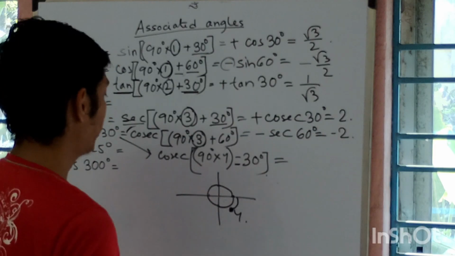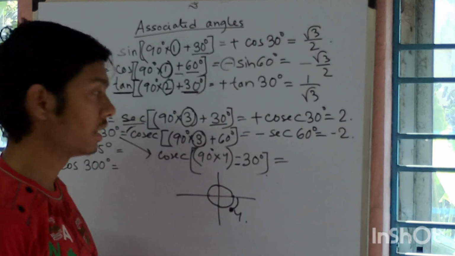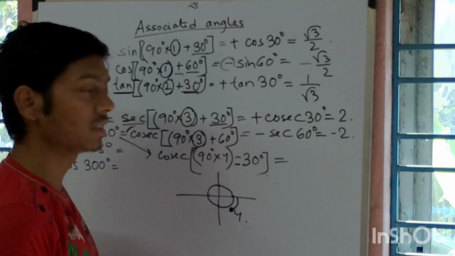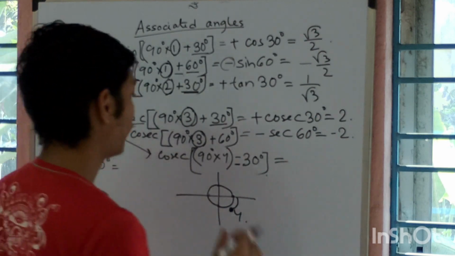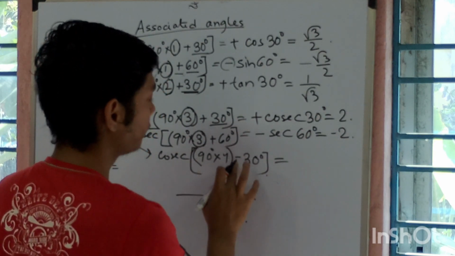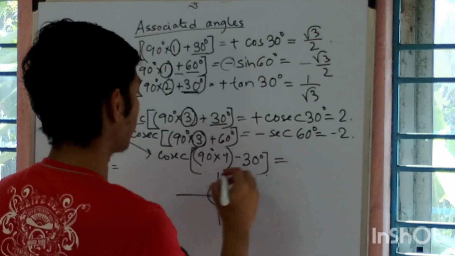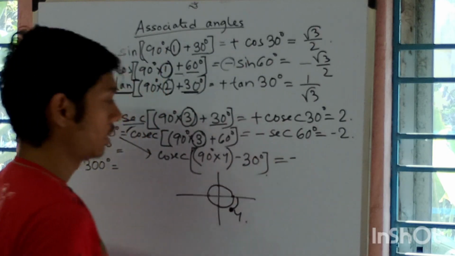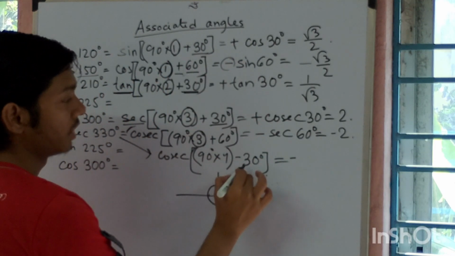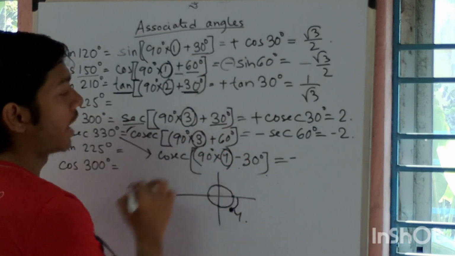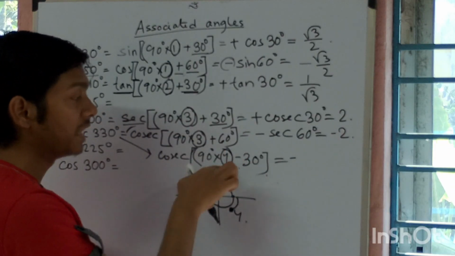So in the fourth quadrant, cosec is negative. Okay. Fine. So that's why it will be minus. Now it is 30 degree. And again look at this one. 90 into 4, which is an even number.